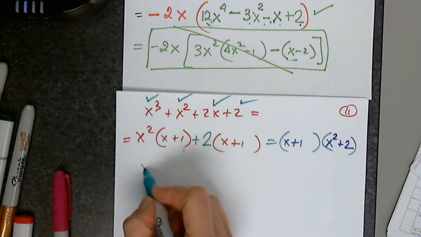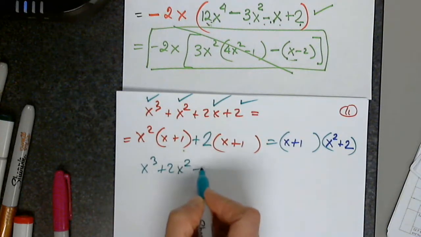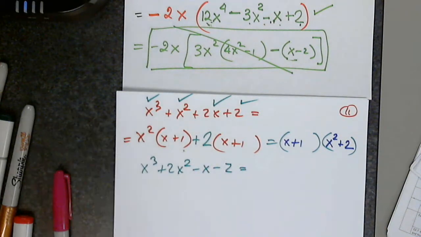Next problem. X cubed plus 2x squared minus x minus 2. This is not going to be enough, although we finished all the factoring. We didn't get the chance to apply this right now, but I highly recommend you do as many problems as you can from the section where they have everything put together.